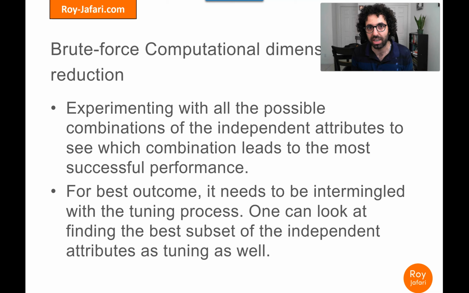For example, you have K in KNN, and you want to use brute force computational dimension reduction as well. Whenever you are tuning for K, what is the best number of K, you would also tune what is the best subset of the independent attributes. So you can sort of see it as a tuning process when you are using this.